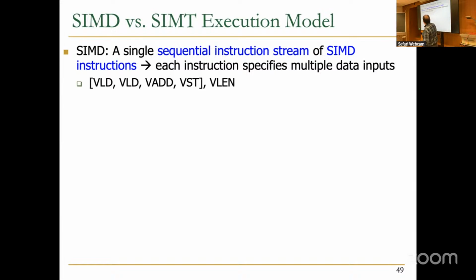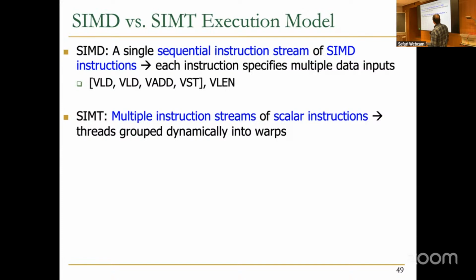For example, you have vector load, vector addition, vector store, and you also need to specify vector lengths, or somehow specify it with your opcode. Basically the programmer or compiler needs to deal with all of these, but not many applications are easily vectorizable.